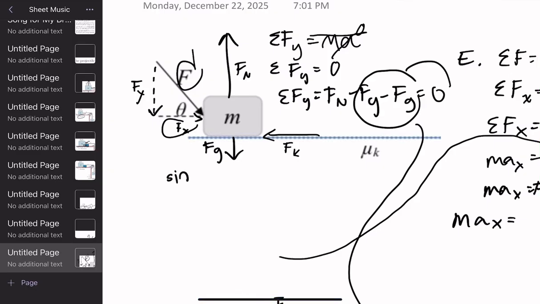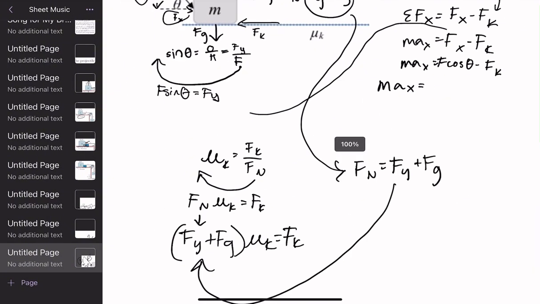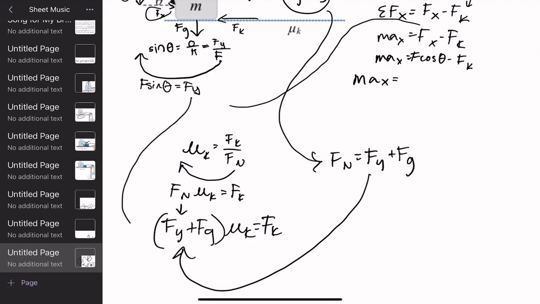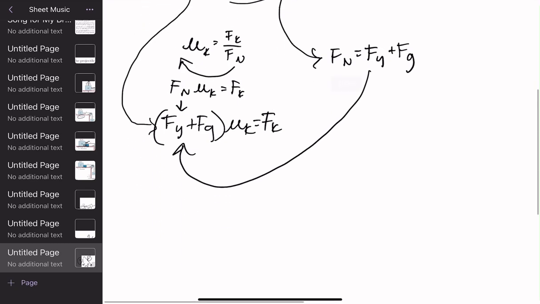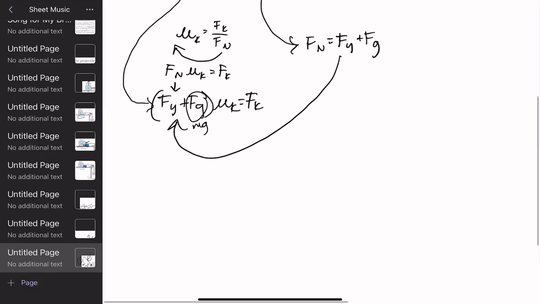So sine theta equals opposite over hypotenuse, which is also just this Fy component, which is opposite to the angle, over hypotenuse F. And then to isolate for Fy, we multiply this up. Fy equals F sine theta. We can plug that in there. And then we know Fg will just be equal to mg. So let's rewrite it.